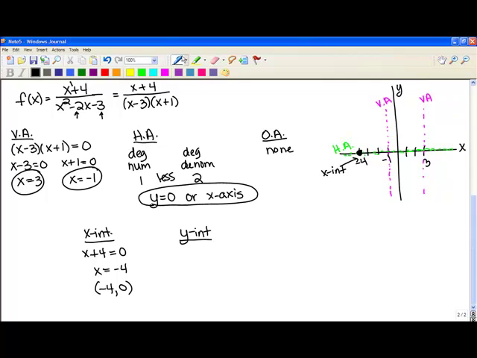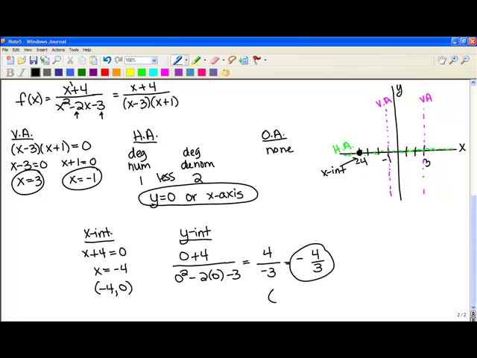Finally, we'll find the y-intercept. To do so, we plug in 0 for every x. And we'll use the original function. So the y-intercept is at the value of -4/3.